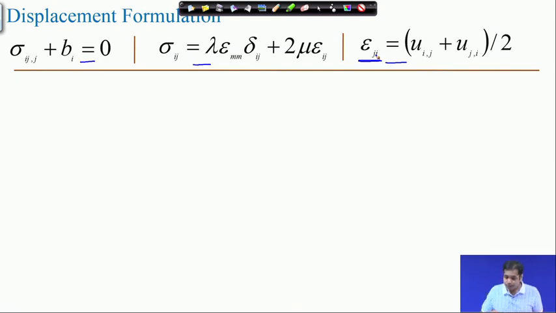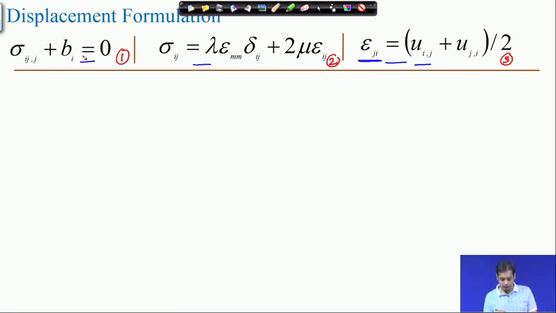First, we substitute the strain displacement relation, equation number 3, into equation number 1, the equilibrium equation. This is equation number 1, equation number 2, and then equation number 3.